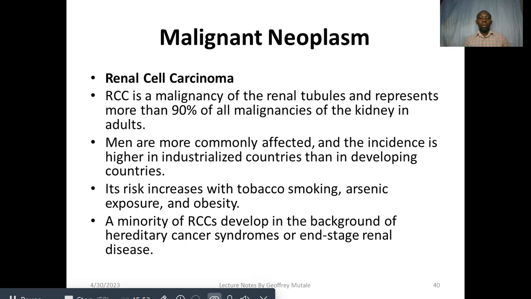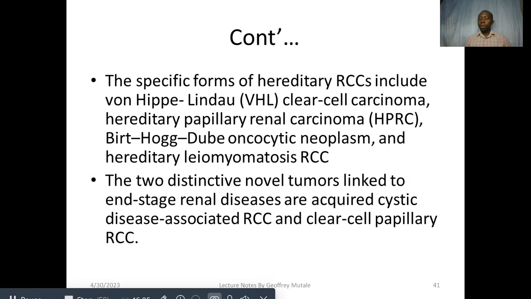A minority of RCCs develop in the background of hereditary cancer syndromes and end-stage renal disease. The specific forms of hereditary RCC include the von Hippel-Lindau clear cell carcinoma, hereditary papillary renal carcinoma, the Birt-Hogg-Dube oncocytic neoplasm, and hereditary leiomyomatosis renal cell carcinoma.